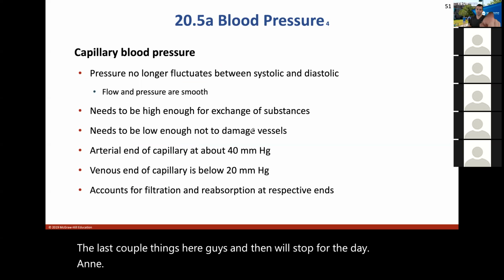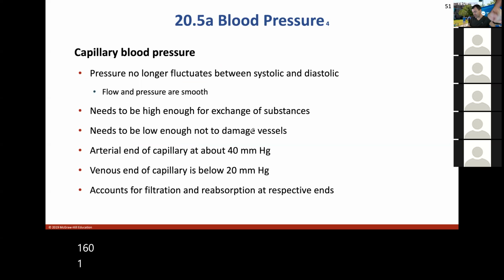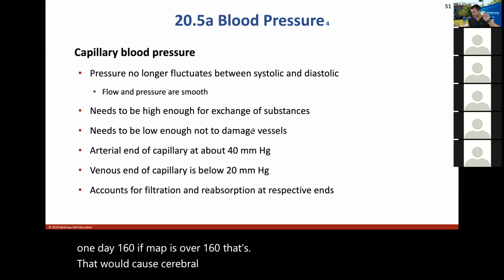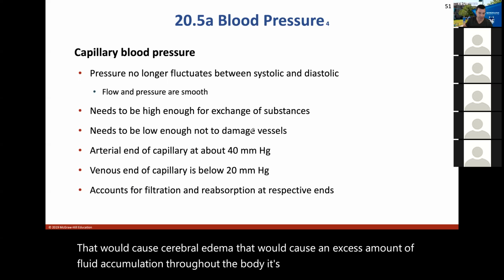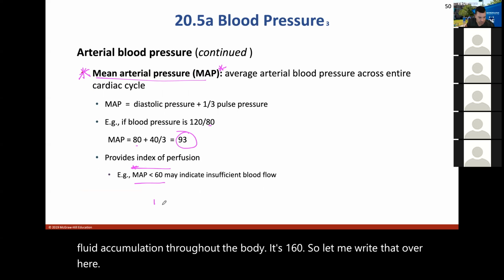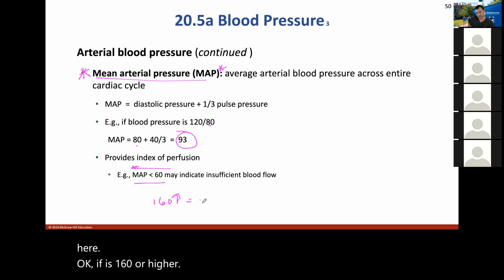160, 110, 160. If MAP is over 160, that would cause cerebral edema. That would cause an excessive amount of fluid accumulation throughout the body. It's 160. So let me write that over here. Okay. If it's 160 or higher, cerebral edema.